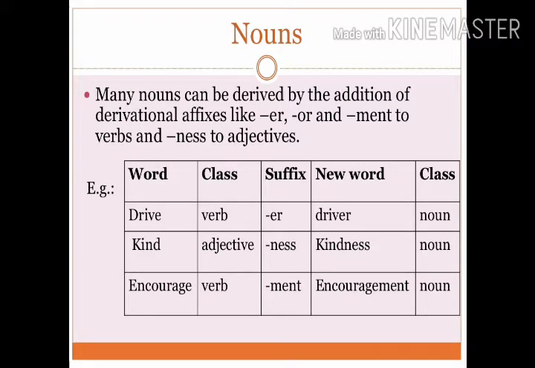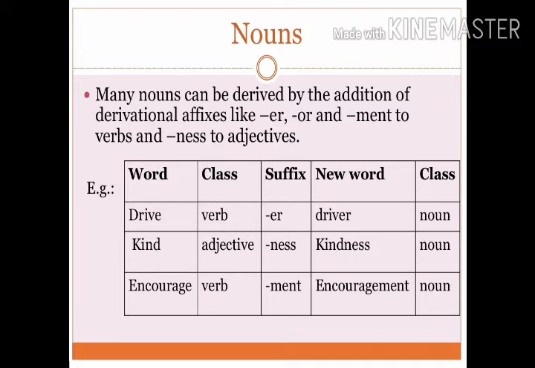Many nouns can be derived by the addition of derivational affixes like er, or, and ment to verbs and ness to adjectives. For example, if we add the suffix er to the verb drive, we get the noun driver.